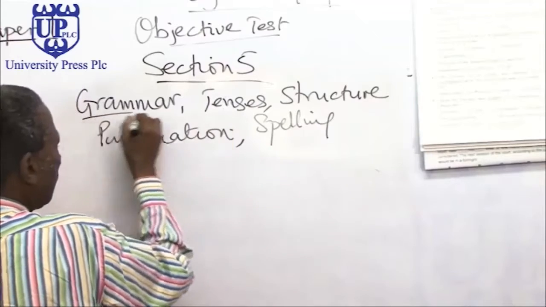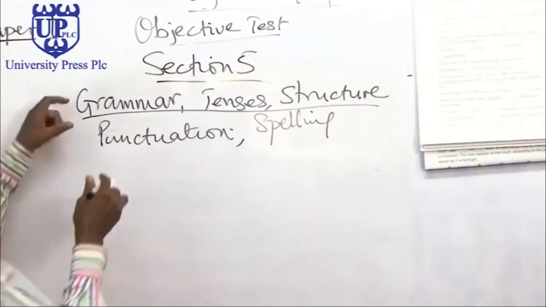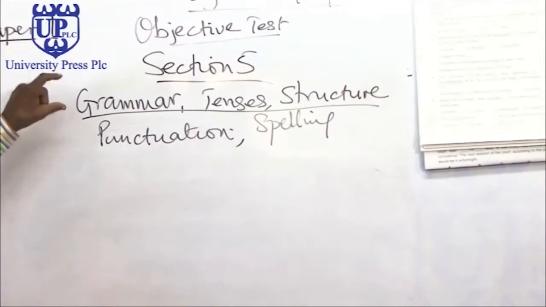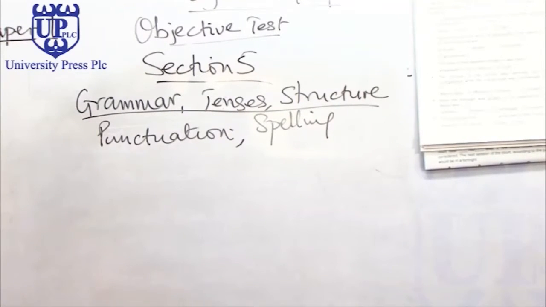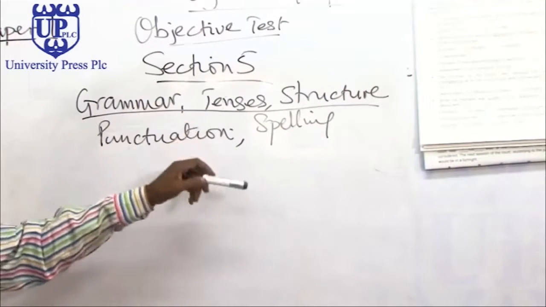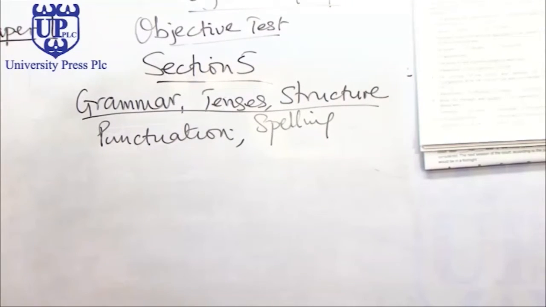That's why it is not possible for us to go through everything, because we need to go through the parts of speech, noun, verb, and so on and so forth. And in a regional class of this nature, it's not possible for us to go through everything. And that's why we need to look at the pattern of the paper. In this one, we have items of grammar, tenses, structure, punctuation, spelling, which we need to have.